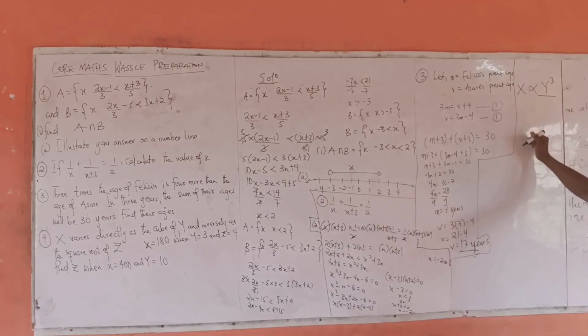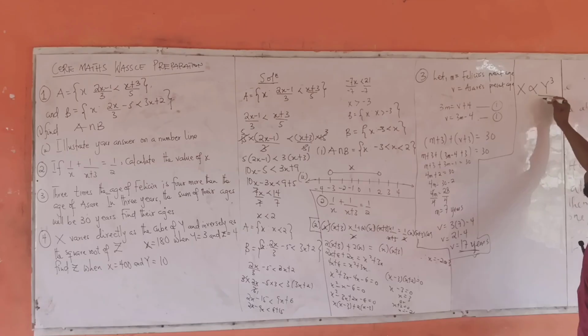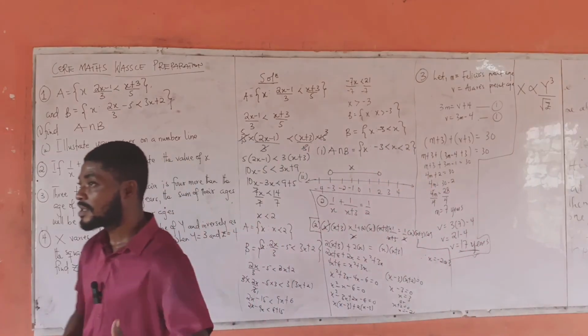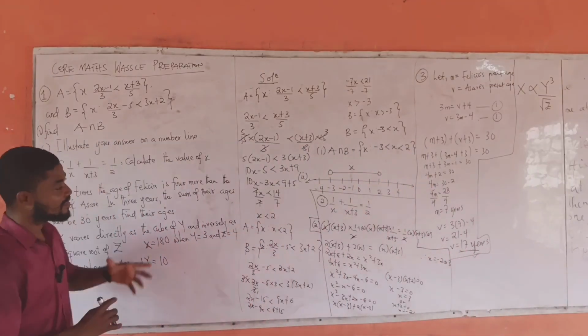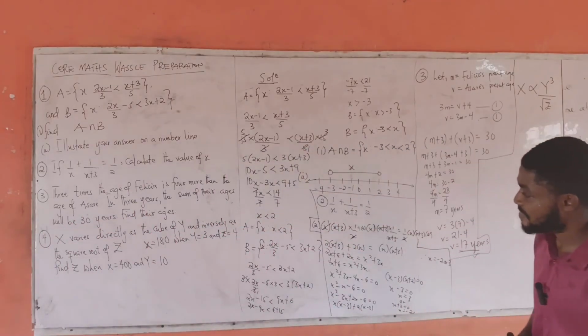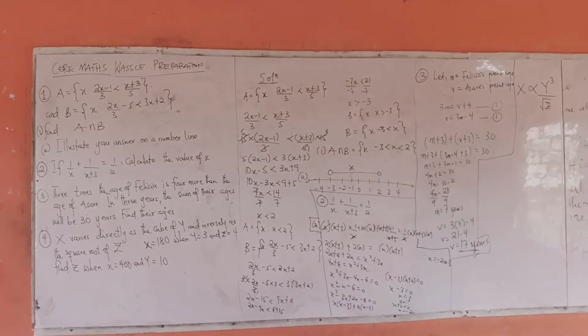And then inversely as the square root of z. So I'm reminding you of your variation and proportionality. When you have time, take your time and go through the variation as well.